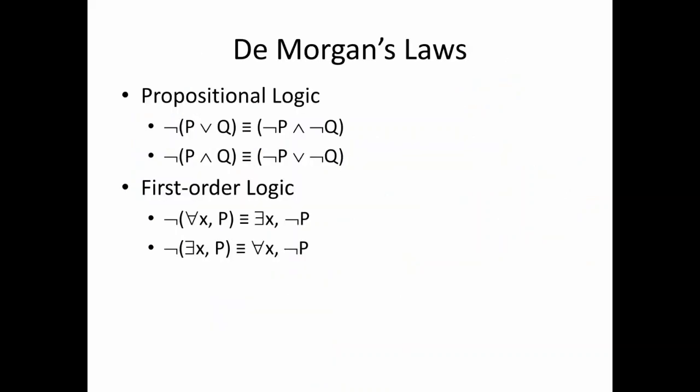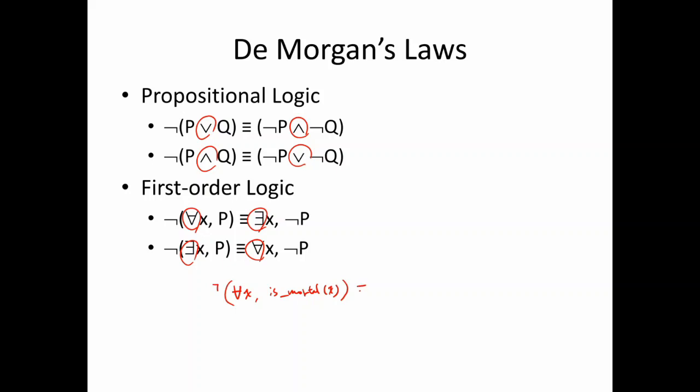If you think back at propositional logic, when you apply De Morgan's law, the ands and ors are flipped. In first order logic, the quantifiers are flipped. Which makes sense, so let's consider an example. Say we have for every x, x is mortal, and let's take the negation of it.